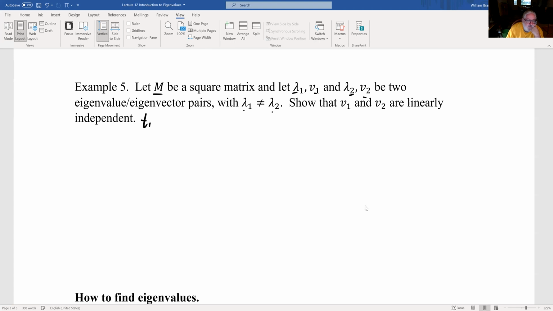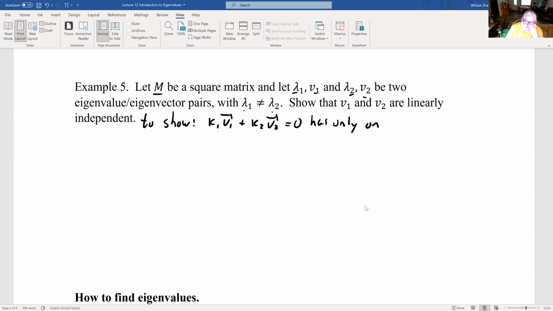So to show that, k1 equals 0, k2 equals 0 should be the only solution to the equation k1 v1 plus k2 v2 equals 0 for them to be linearly independent.